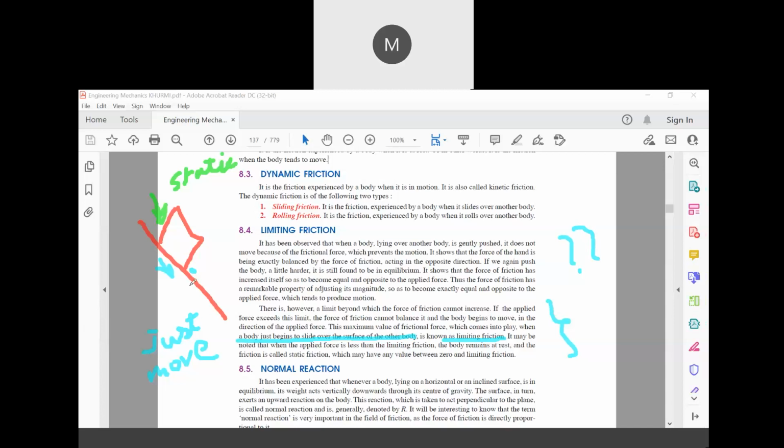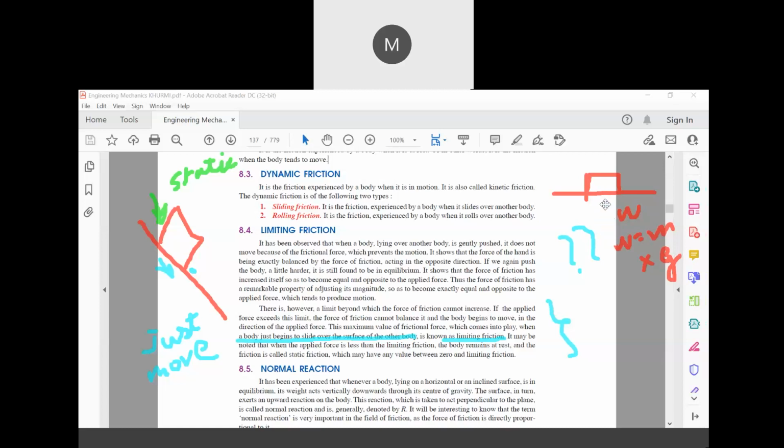Now look, in a friction body, in this inclined body, suppose I am giving you a straight body here. In a straight body, what happens? There are two components. First of all, this one is the weight, W equal to mass into g.